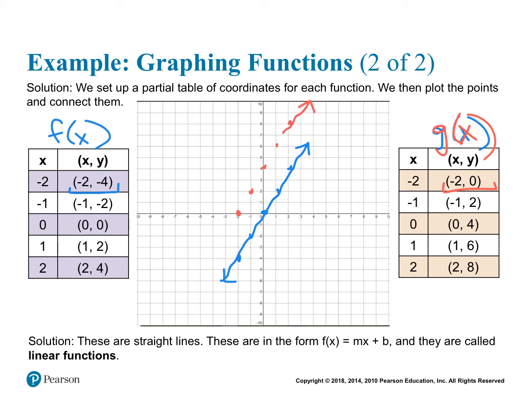Again, this is a straight line, but it's very hard to draw straight on the iPad. Those are actually parallel lines. And these are in the form of f of x equals mx plus b. Maybe you've seen this before, y equals mx plus b, which means the same thing. That forms straight lines, and they are called linear functions specifically.